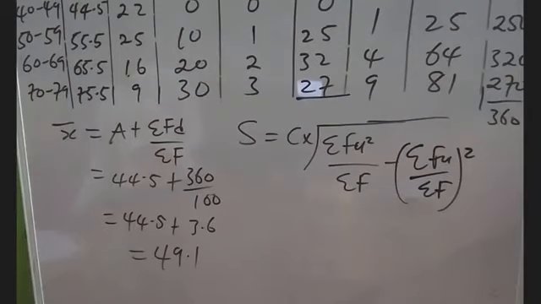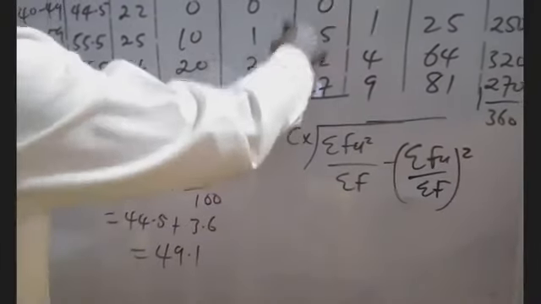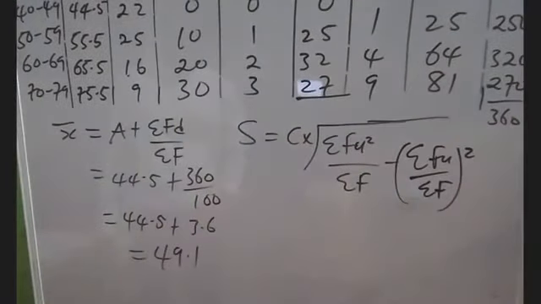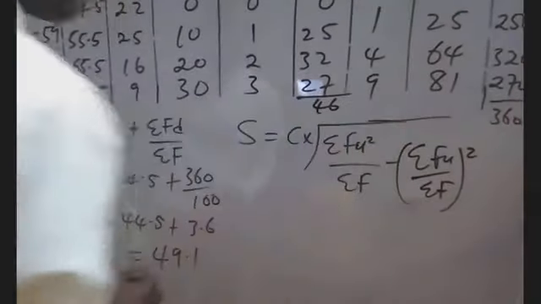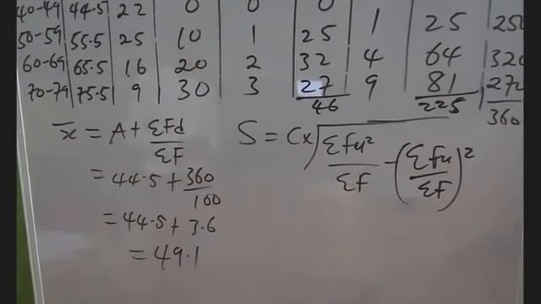If you add our fu together, fu will give you 46. Add this together, subtract 38, that will give you 46. And if you add fu squared together, that will give you 225.